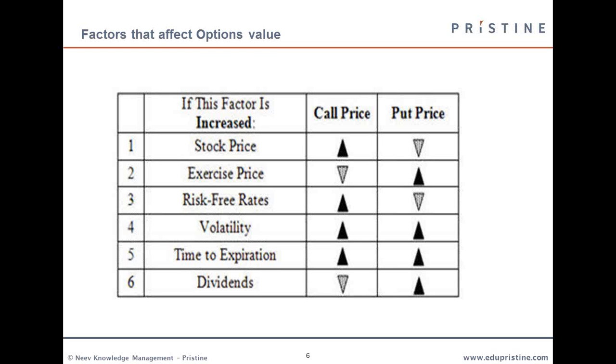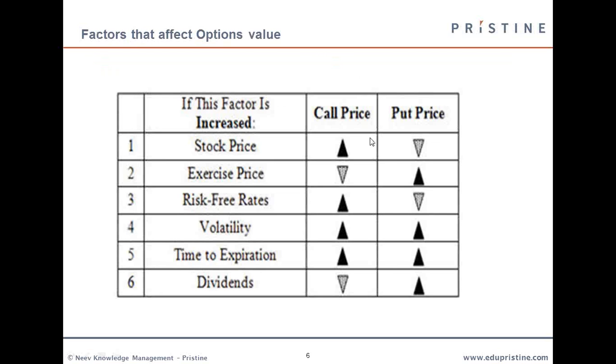Suppose you bet that a stock price is going to increase. So the stock herein becomes the underlying asset, and the option is called the stock option. If you bet on bonds and other securities, they become respectively the bond options or the other options. So the factors that affect the option value, here is a summary that I put together.